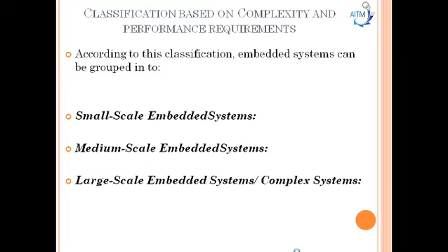As we can see, in the small scale embedded systems the complexity is less and the performance requirements are less. Then the medium scale embedded systems are slightly complex and the performance requirement is medium. And in the large scale embedded systems, the complexity is more and the performance requirement is more here.